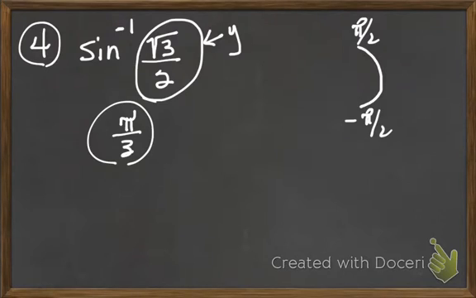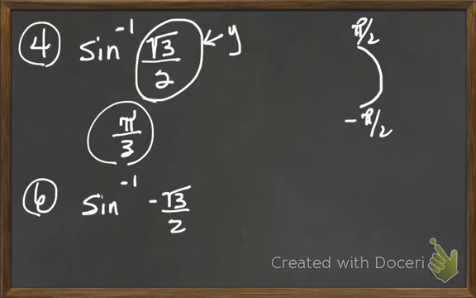Okay, let's try another one. And these don't have a lot of work. You just have to understand what they're asking you. So number 6 is another inverse sine. And this time it's negative square root of 3/2. So it says, what is the inverse sine of negative square root of 3/2? So that means what angle in the restricted area for inverse sine has a y value, because it's inverse sine, of negative square root of 3/2.